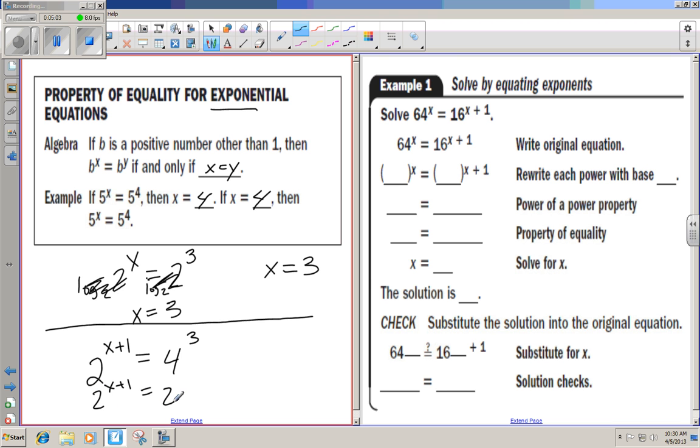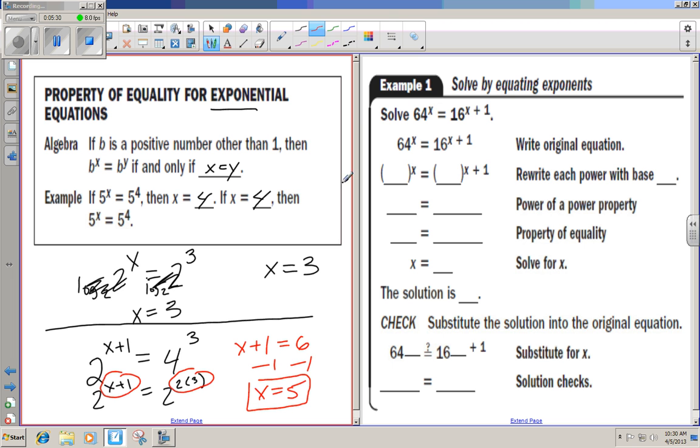And 4 is 2 squared. So basically, now that the bases are the same, this exponent has to equal this exponent. So x plus 1 equals 6. X equals 5. Once you get these answers, plug them into the original equation, and you'll see if you got it right.